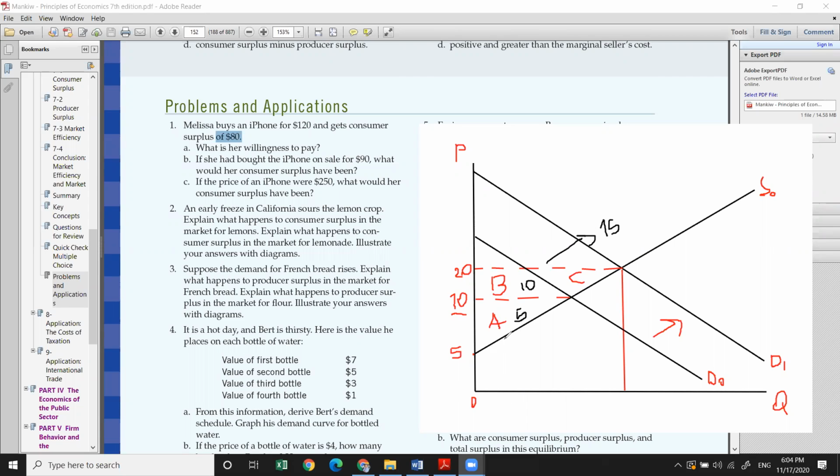This is what they get. And this is the bread market, okay? This is the bread market. Coming to the market of flour, increasing the quantity of French bread being sold will increase the demand for flour.